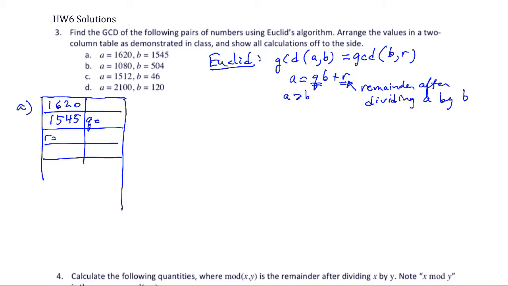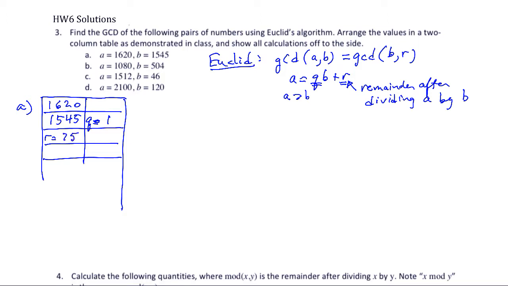And remember, we're going to divide the smaller one into the larger one. Or we're going to divide 1620 by 1545, however you want to say it, the quotient is 1, and the remainder is 75.